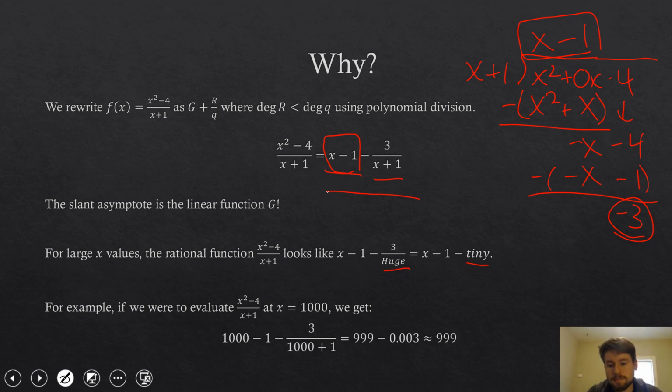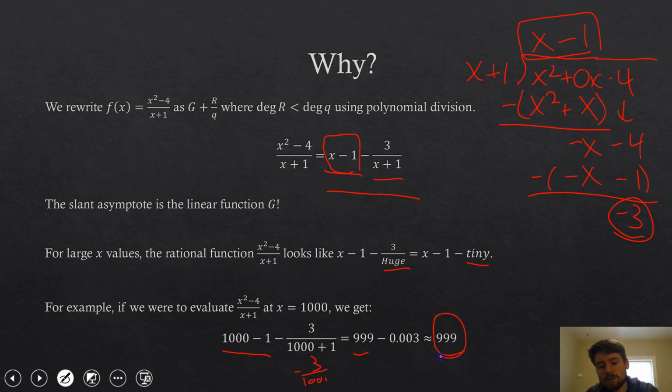We have 1,000 minus 1 after we plug in 1,000 for x, and that's 999. Then we take away 3 divided by 1,001, so minus 3 over 1,001. If you subtract 3 divided by 1,001 from a number, 999 in this case, it barely changes it. This is actually 998.997, so it's really close to 999.